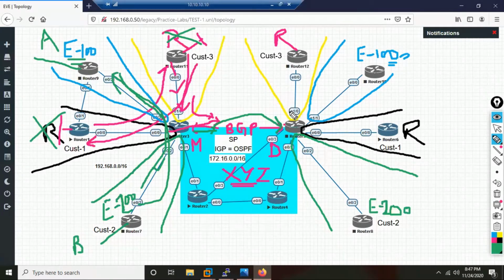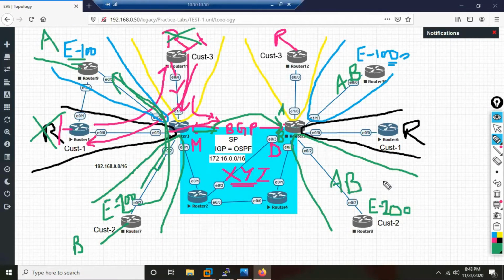So when network A and network B land on R5, how will router R5 come to know that A belongs to EIGRP AS 100 and B belongs to EIGRP AS 200? How will R5 come to know? It will never come to know. What will happen then? A and B will go here and A and B will also go here.